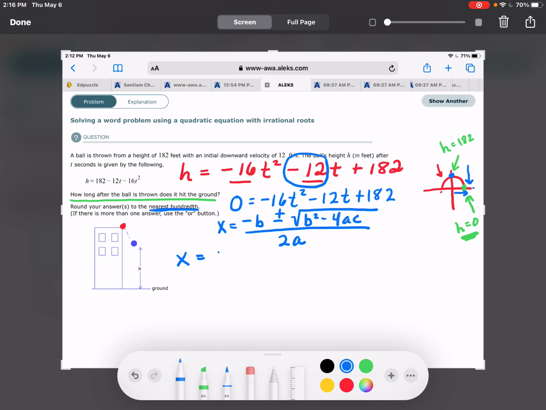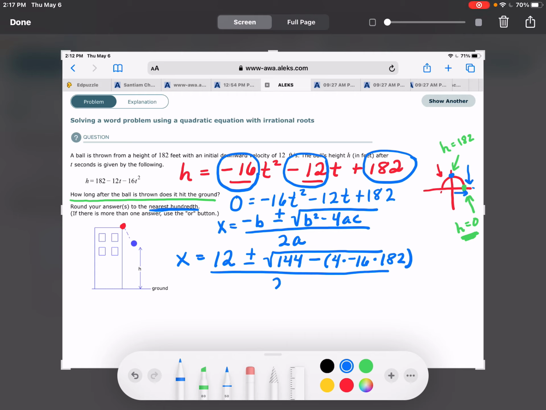A negative b will happen to be positive 12 plus or minus the square root of b squared, which is 12 times 12, minus 4 times a, here's a right here, times c, all over 2 times a, which was negative 16. All right, and so a calculator is going to be helpful here.